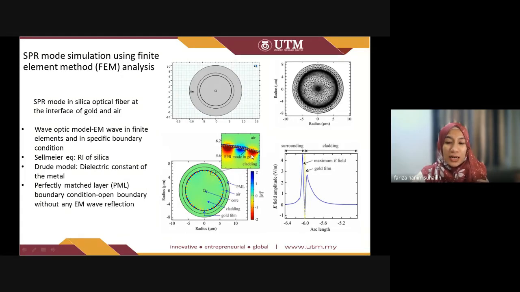You can see here. So these are the optical modes that excite the plasmon in the metal.